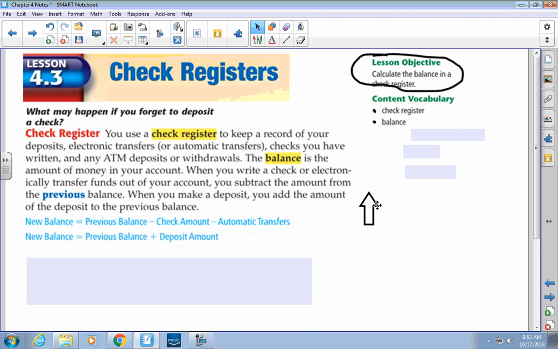Your new balance is your previous balance minus the amount you've written a check for, minus amounts that have automatically transferred out of your account. So your new balance is your previous balance plus any deposit amounts. So if you write a check or do an automatic withdrawal or an automatic pay, then you subtract those amounts. If you deposit money, you add them into your account.